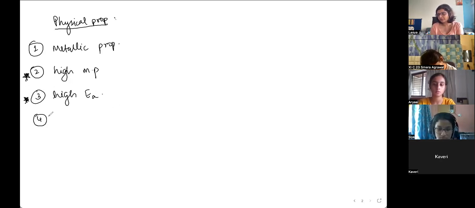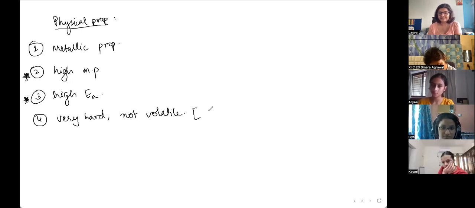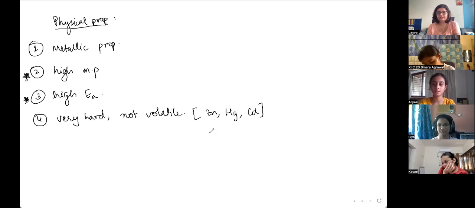Other properties: they're very hard, not volatile. Of course, exceptions to this hardness are zinc, mercury, cadmium, the ones with completely filled d orbitals.